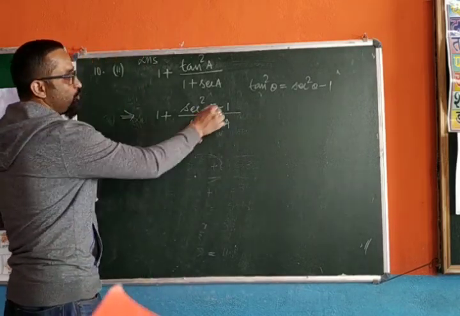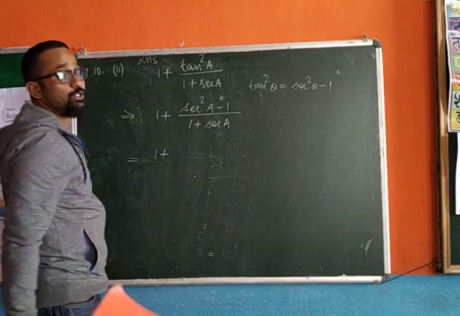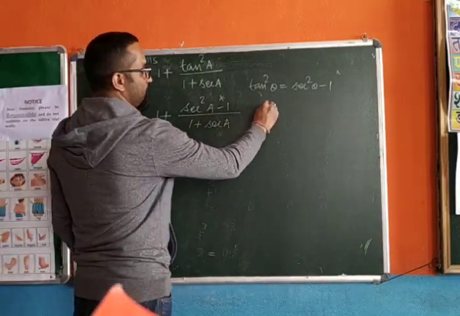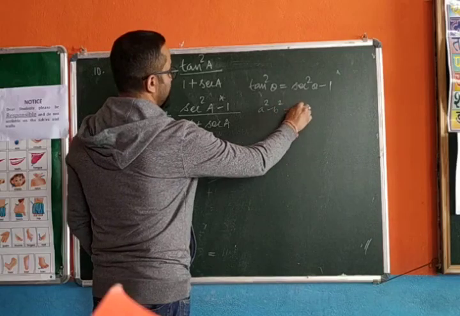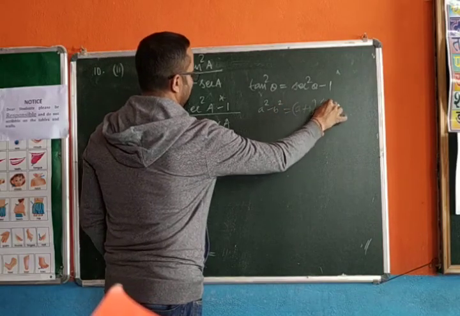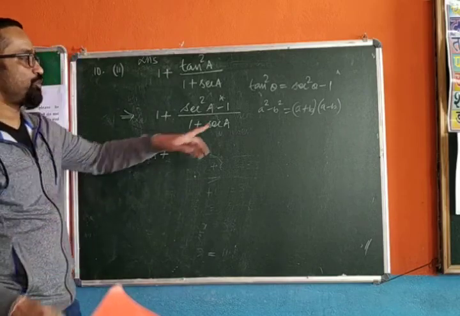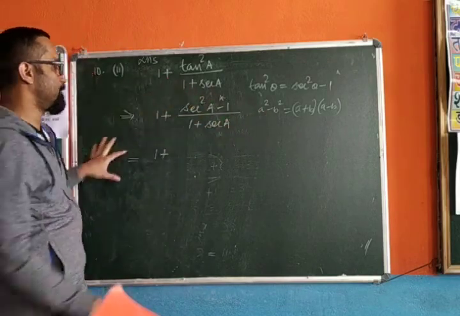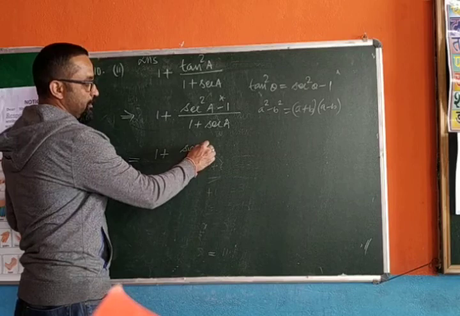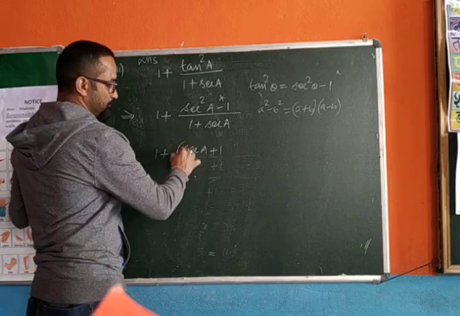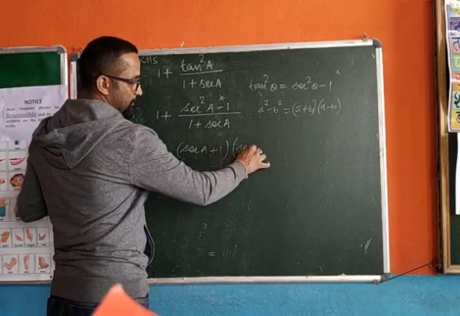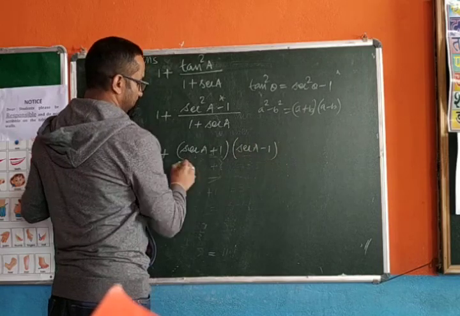1 plus, now we use algebraic formula to expand it. A square minus b square equals a plus b, a minus b. So when you expand it using algebraic formula, this can be written as sec a plus 1, sec a minus 1.